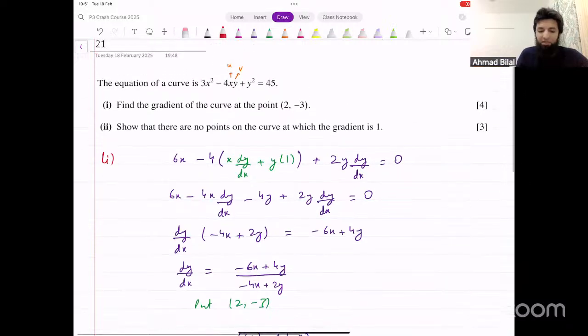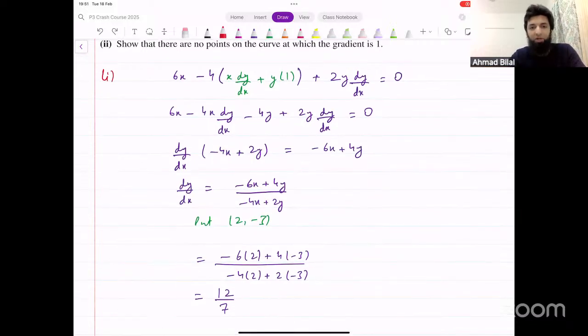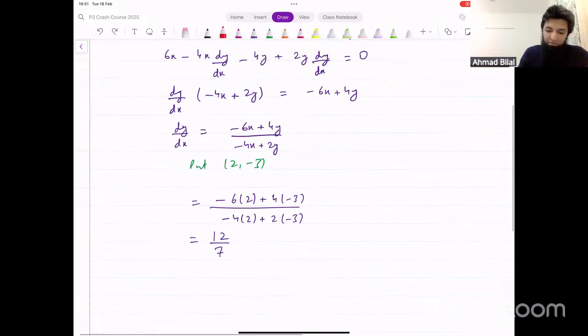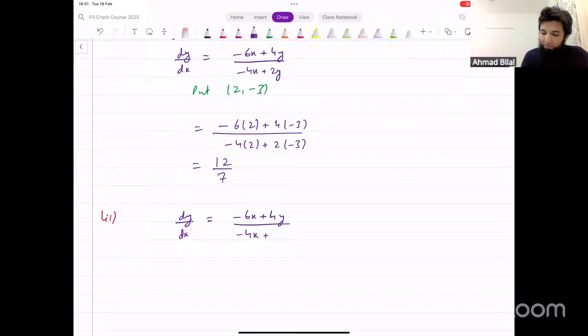Now it says show that there are no points on the curve at which the gradient is equal to 1. Now, how do we think about this? There should be no points on the curve where the gradient is equal to 1. Now we have the derivative already, right? The derivative is dy over dx equal to (minus 6x plus 4y) over (minus 4x plus 2y).